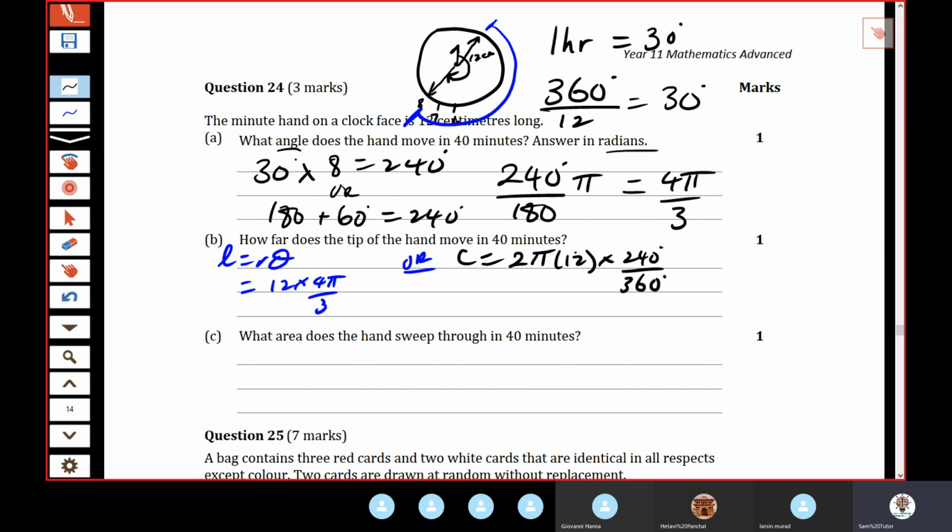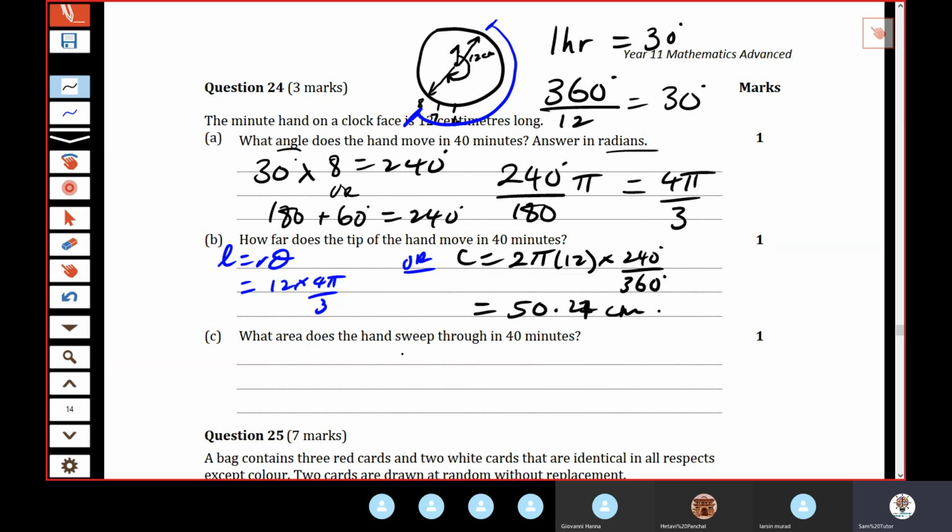If you want to use your old formulas, you can. You just got to know how to use them. They're in degrees. These ones are in radians. They give you the same answer, which is 12 times 4 divided by 3, 16 times pi. About 50.2627 centimeters.